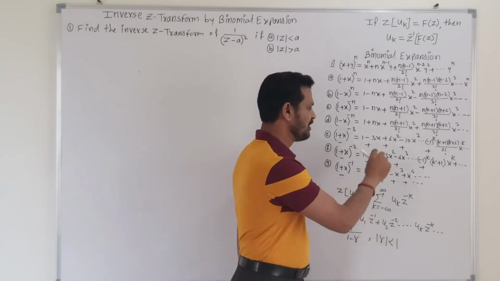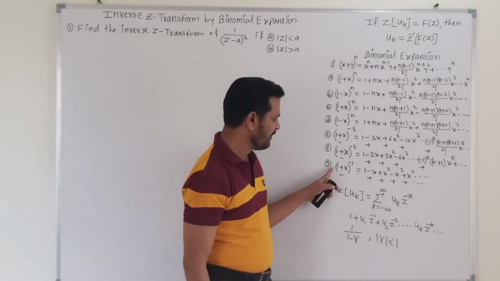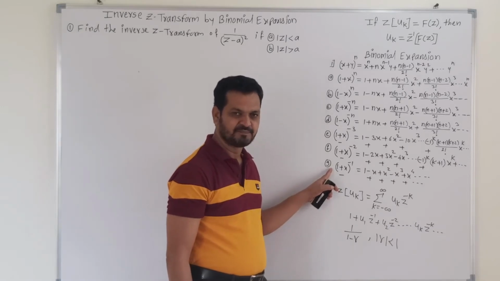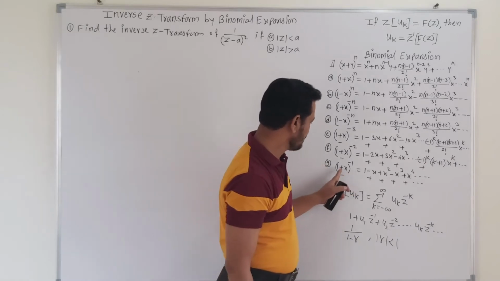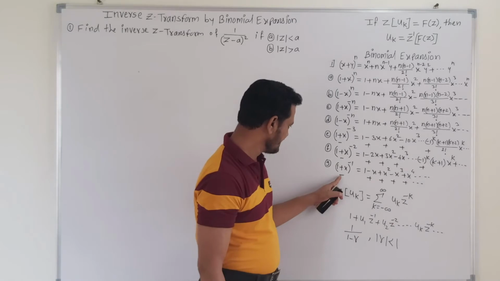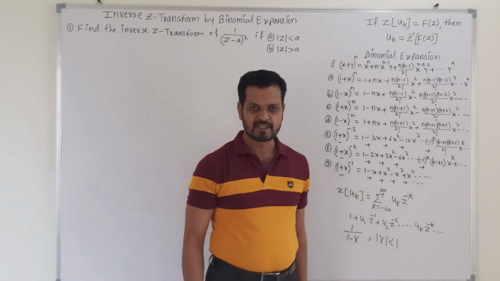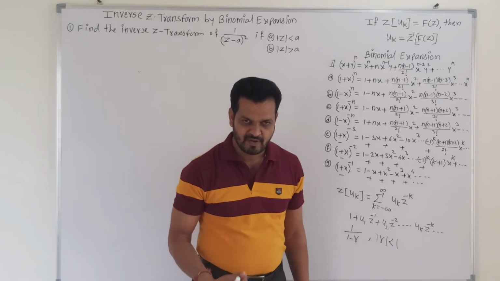This is the particular case when the power of this expansion is minus 2, and we already solved the example based on this result in our previous video lecture. So if it is 1 plus x, then the signs alternate plus minus, and if it is minus, then everywhere we get the plus sign. This is the concept related to the binomial expansion of a function.